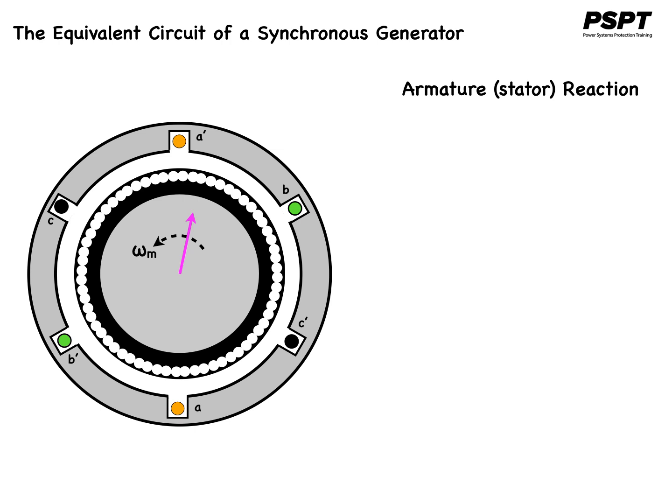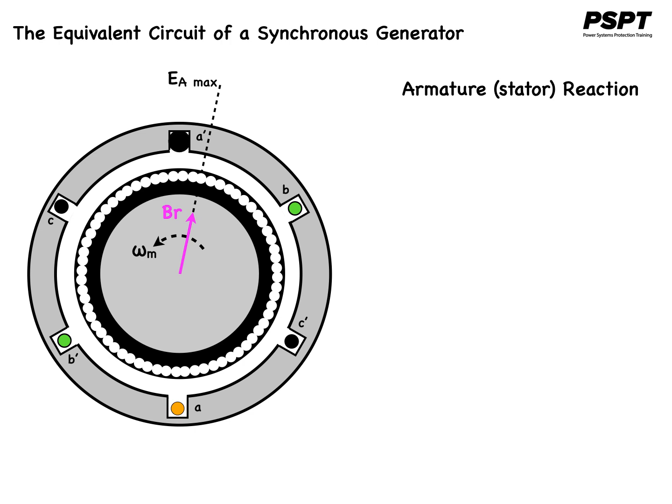This slide shows a 2-pole rotor spinning inside a 3-phase stator. Presently, let's assume that there is no load connected to the stator. The rotor magnetic field, we'll call it BR, produces an internal generated voltage, EA, whose peak coincides with the direction of BR.